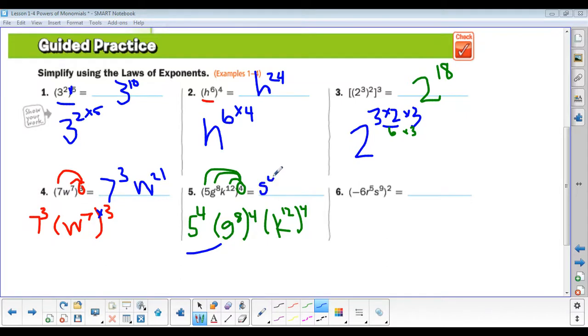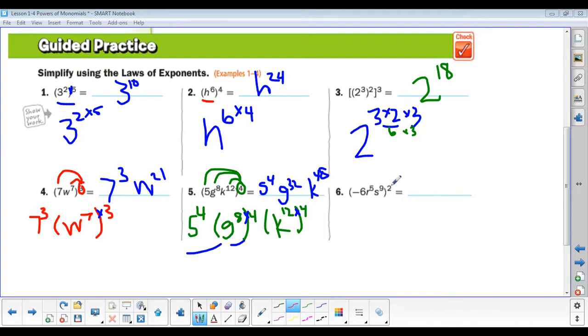It's 625. But I don't really care about all that. For g, I multiply those exponents. 8 times 4 is 32. And for k, I multiply those exponents. 12 times 4 is 48. I'm done. Oh my goodness. So simple if I know what I'm doing.